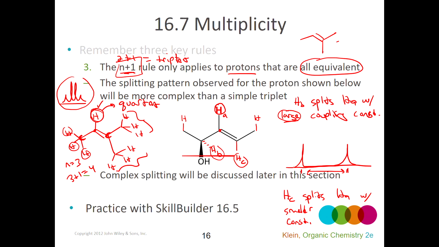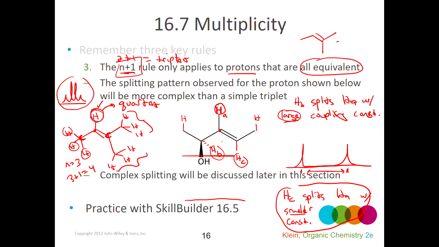If that happens, then this doublet that's already been created by B splitting A with a large coupling constant is going to be split again. So instead of two peaks, each one is split into another doublet by HC. And since that one splits with a smaller coupling constant, the distance between the peaks that these are split into is going to be shorter.